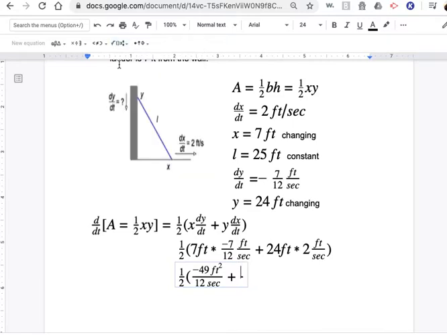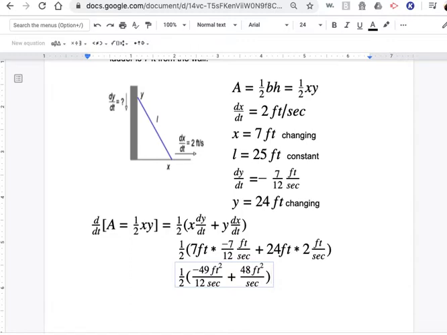Go ahead and do this as a fraction as well. It's going to give us 48 feet squared per 1 second. And we're going to need to find a common denominator, which is going to be 12.